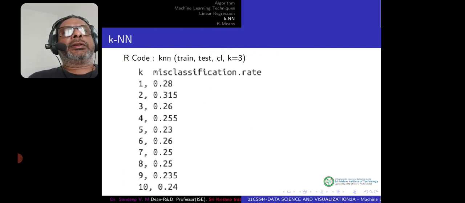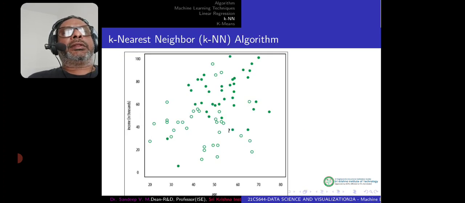In doing that, we identify the number of neighbors, that is the value of k, and then those nearest k data points from this question mark point are considered and counted to see how many belong to each class, and whichever count is maximum, that class will be allotted.